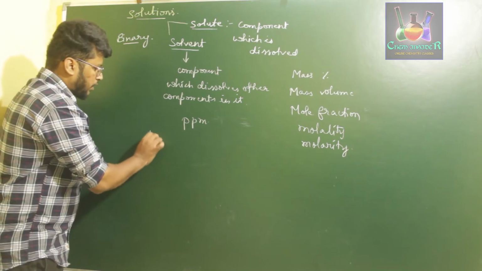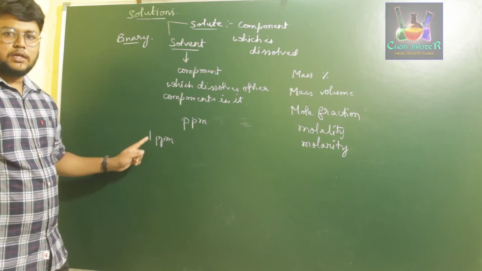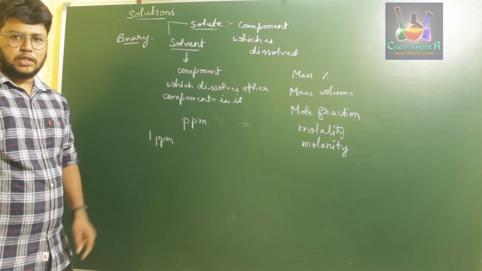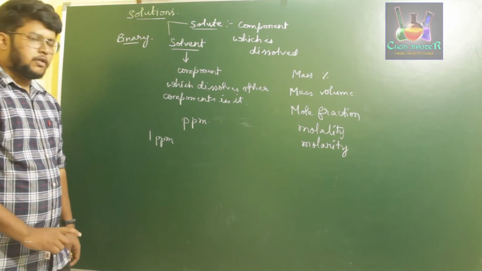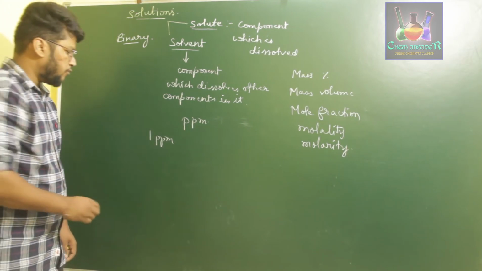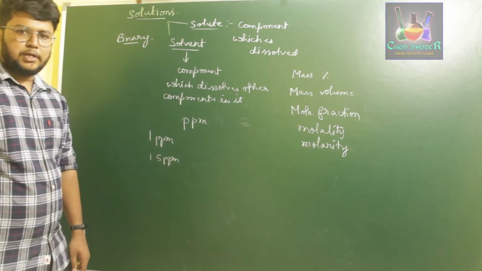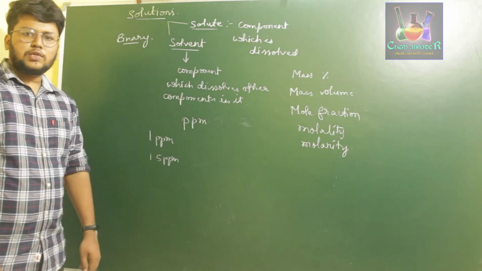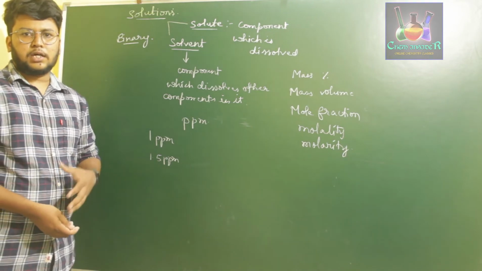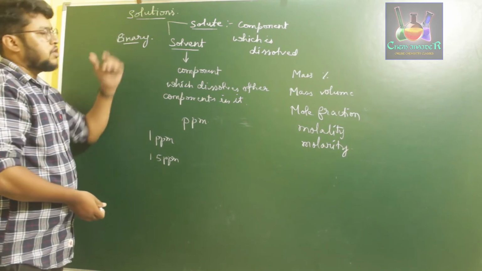If the fluoride content in water is 1 part per million, that is, one part of fluoride in 1 million parts of water, it decreases tooth decay. If 1.5 parts per million of fluoride is present in water, it turns out to be poisonous. So we need a better expression for the concentration of a solute in a solvent, and that is nothing but the concentration of solutions.